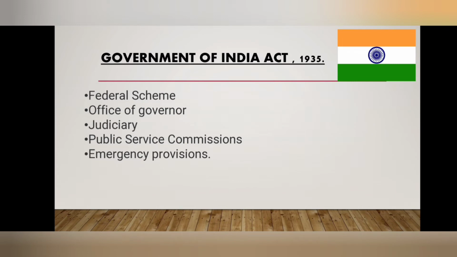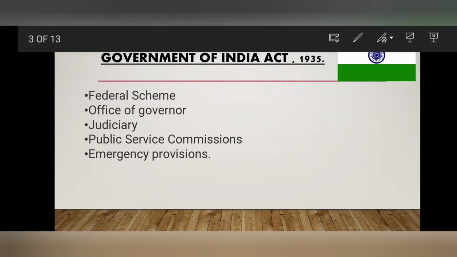From this Act, these five main things have been taken. Firstly, the federal scheme, how our country works, it's federal. That is taken from the Government of India Act 1935.